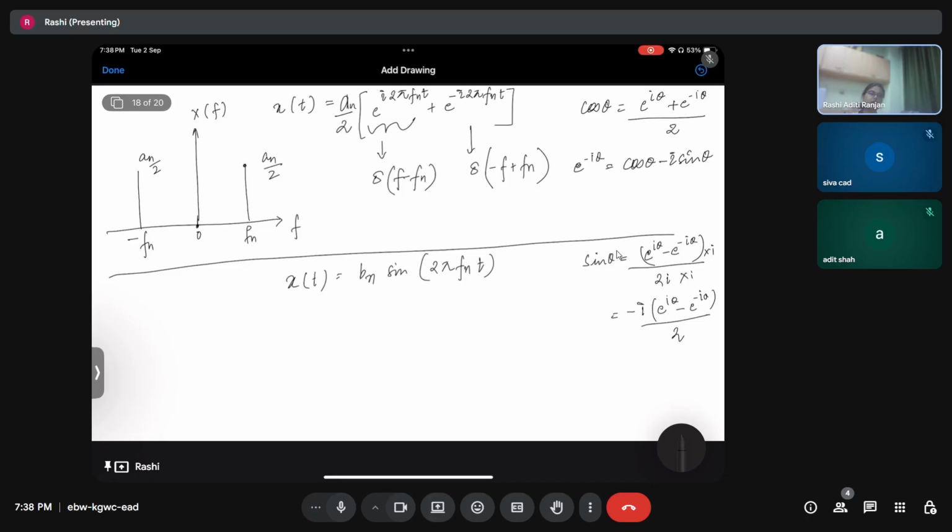So what we are going to get over here is that the Fourier transform is going to be minus i by 2 into Bn, delta f minus fn, minus delta f plus fn.